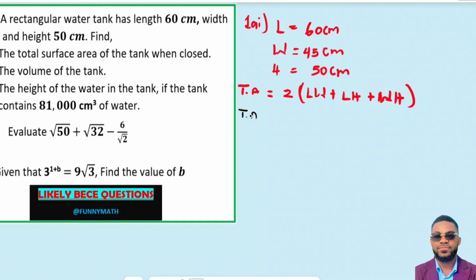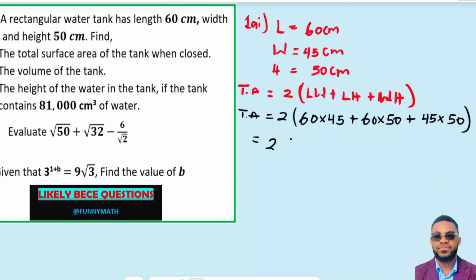So we have total surface area equal to 2 times the bracket: the length, which is 60, times W, and W is 45, plus L, which is 60, times H, which is 50, plus W, which is 45, times H, which is 50. So that is what we're going to do. After that, you have to simplify the ones in the bracket.